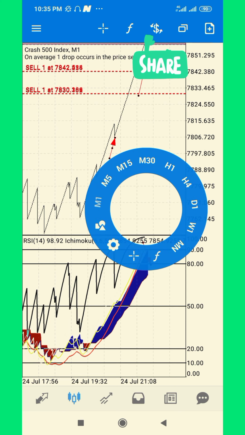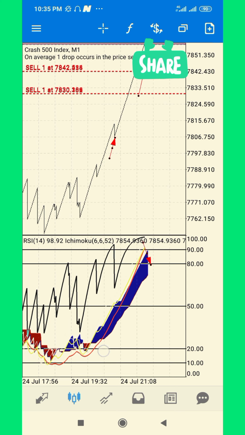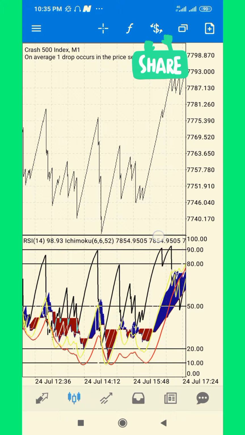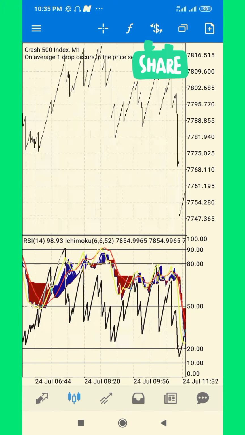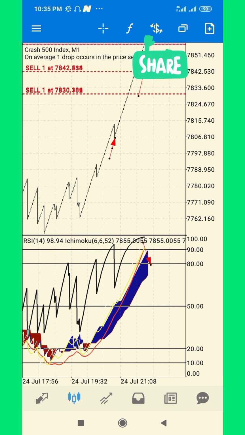I am not afraid because it is going to spike. That is the reason why you must have a large equity. So that is it. When these four indicators are up to these 80, 90 levels, you place your market in a sell direction.